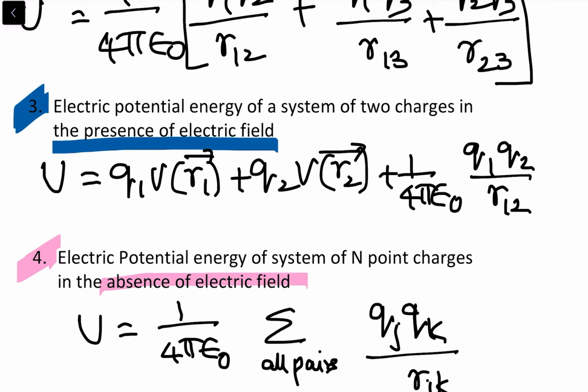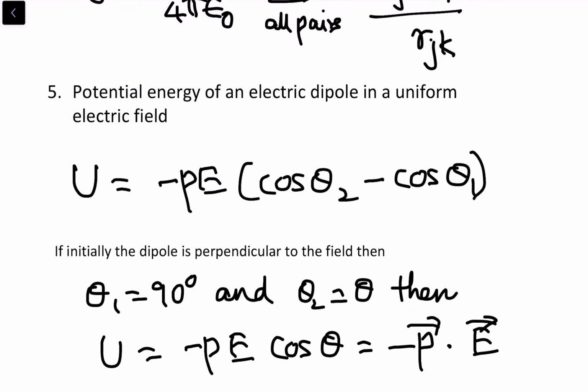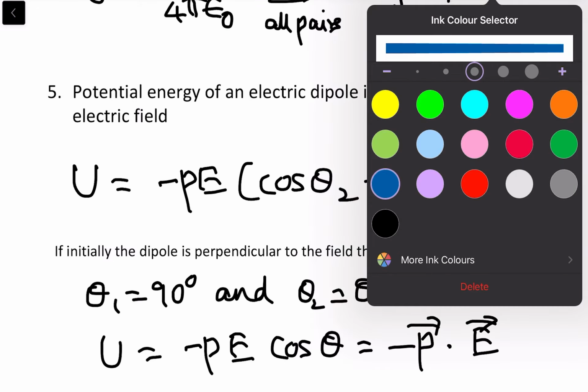And then I have written another formula, that is for a dipole in a uniform electric field. This I am showing with another color, let's say red.